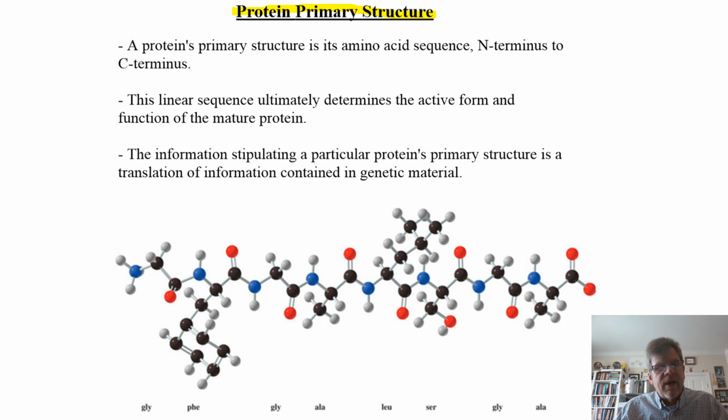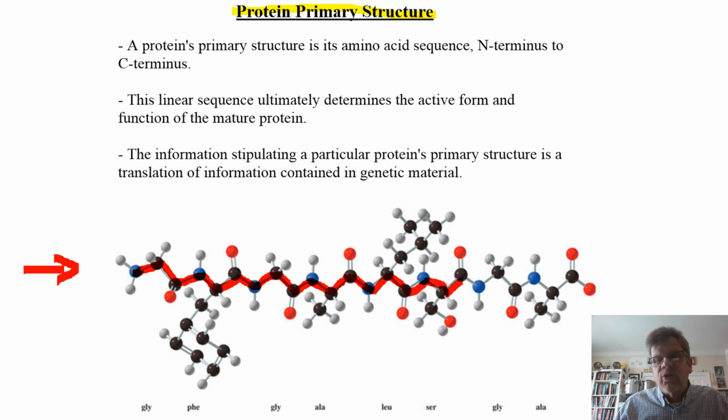So here is an example of this sequence written as a model, and you can kind of see this peptide sequence. You can follow what I consider its peptide backbone, where we go through our carbonyls and our NHs and our alpha carbons. You can follow that throughout. I'm tracing this out in red right here. So that is considered the peptide backbone, the peptide backbone of any protein or peptide.